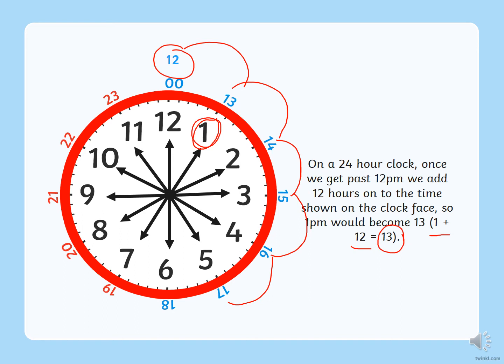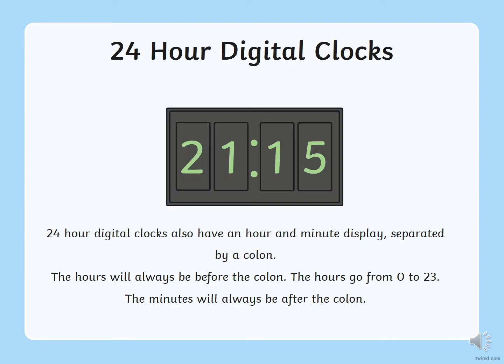So to work out the hours on a 24-hour clock, it's really quite straightforward. You have a look at the time on the analog clock. So for instance, if it was 7, you take your 7, you add 12, which will give you 19, and that becomes the hours that show on your 24-hour clock display.